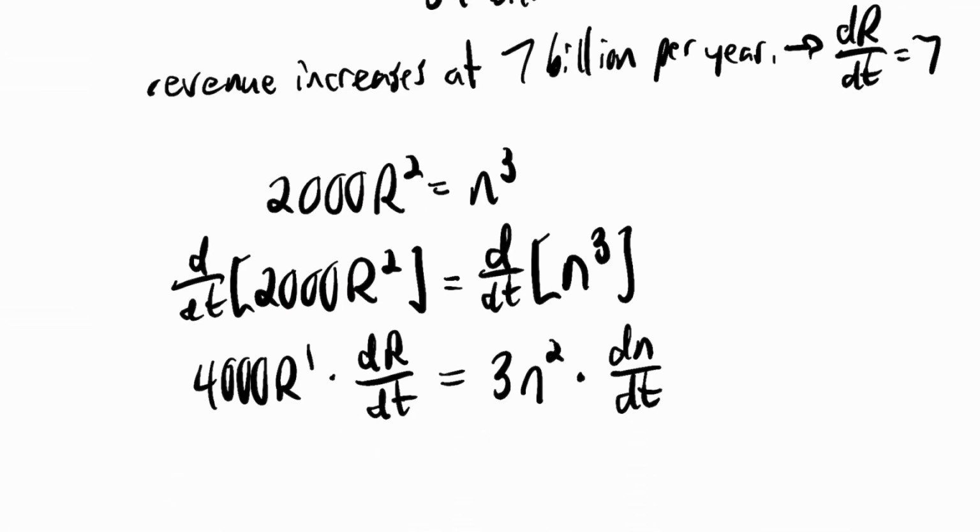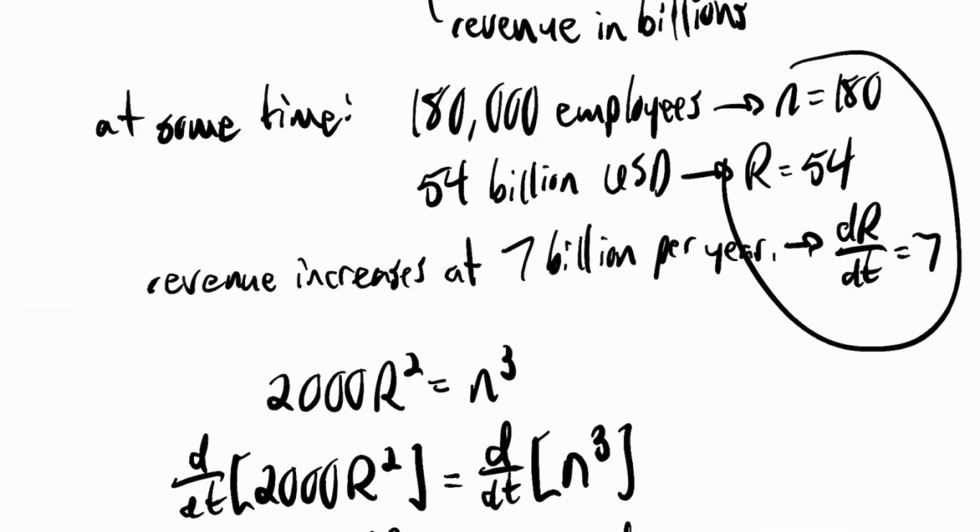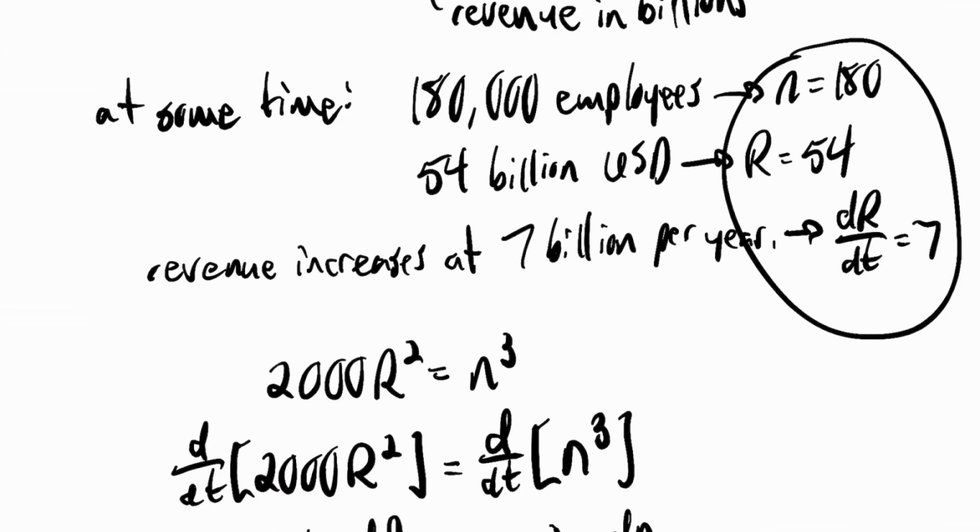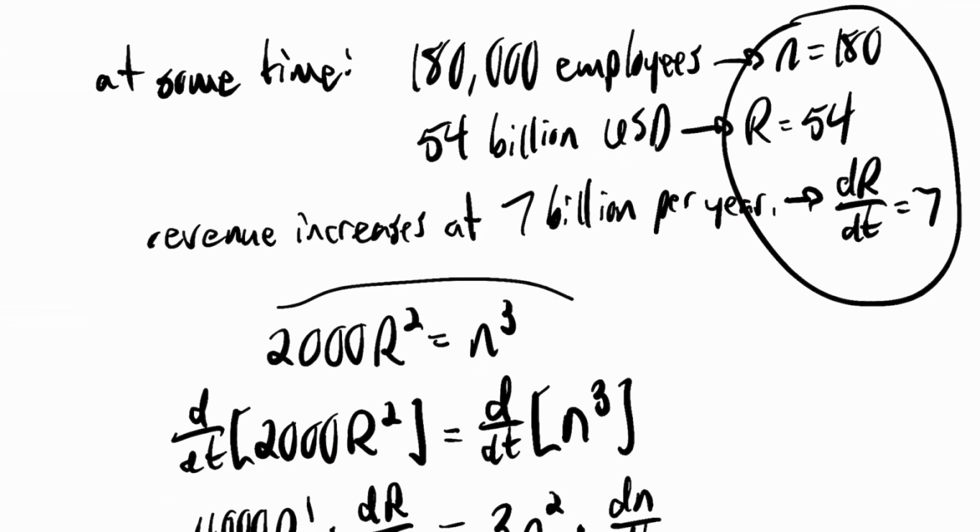Now I have numbers for 3 of these. n, r, and dr dt, I have numbers, so I can plug those in now. If I had plugged in 180 and 54 at the beginning, I wouldn't get a result this way. I would have some number equals some other number. The two sides would be equal, and I wouldn't really be able to do calculus with that. I have to plug in my numbers after I apply the derivative.